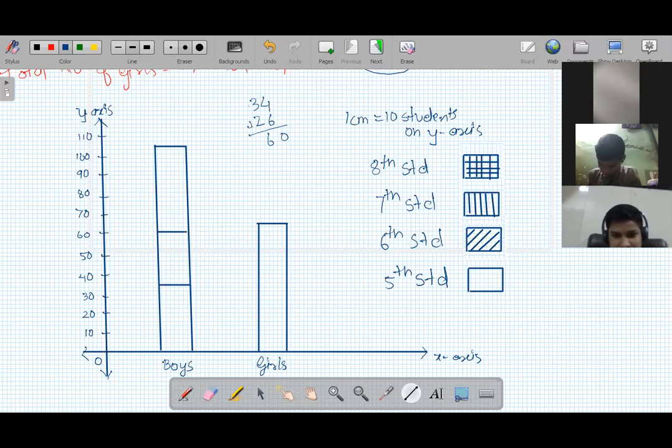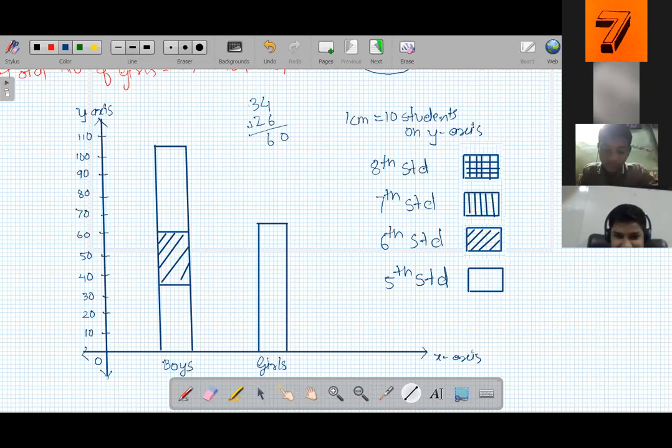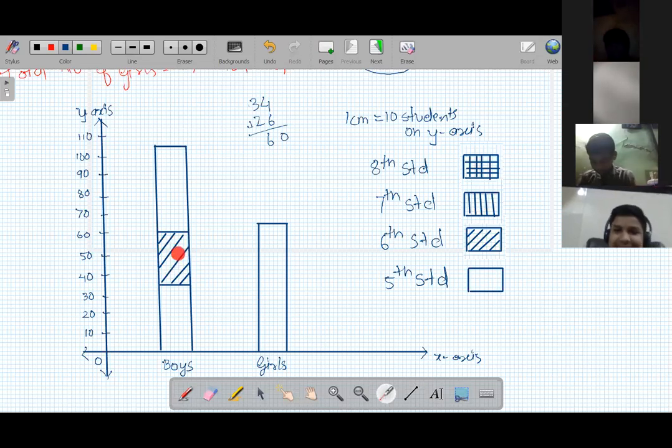You draw a line at 60. The second portion you see here will be boys in 6th standard, so we will put a pattern. This is 6th standard. Is this clear up to here? Yes, sir. Only this much portion will be 26.